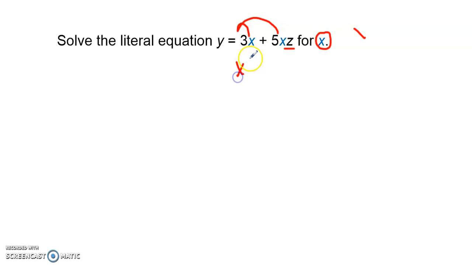So that will look like this. x, and then if we take the x out, that just leaves 3. And if we take the x out of this one, that leaves 5z.